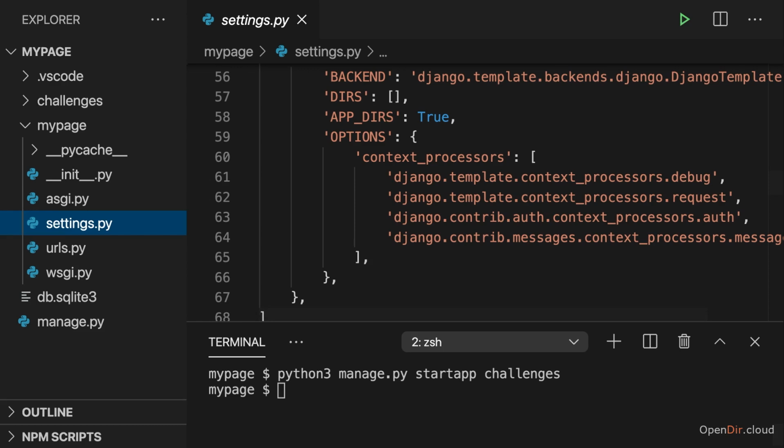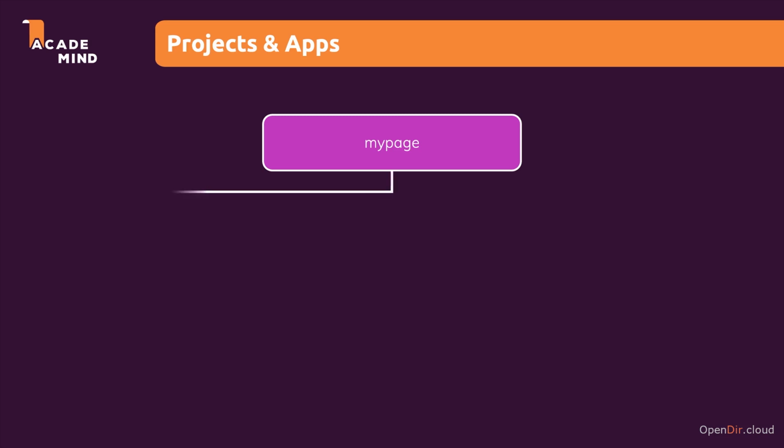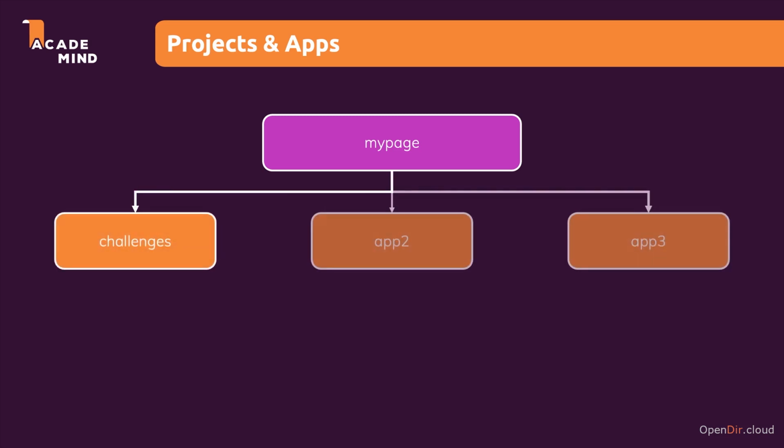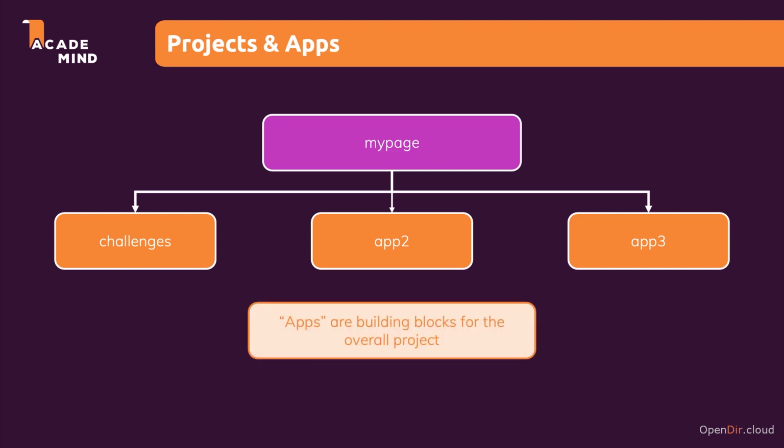That's the idea. So we, for example, created the Challenges app, but we could create more apps in one and the same project. So all these apps would coexist in this My Page project. And apps, therefore, simply are the building blocks that form this overall project.